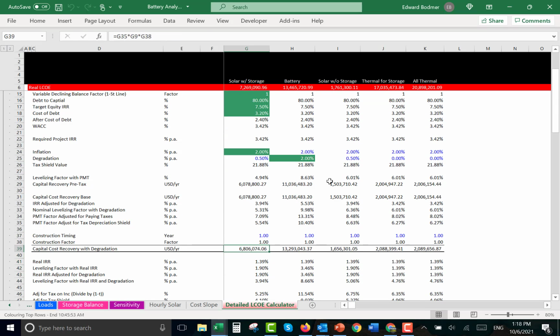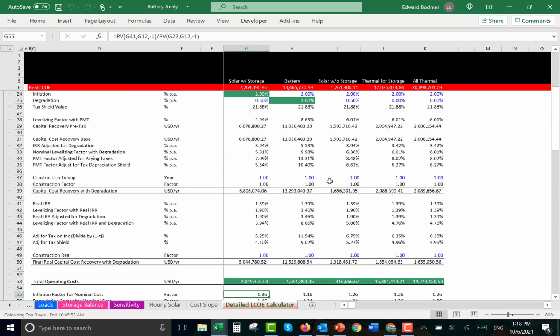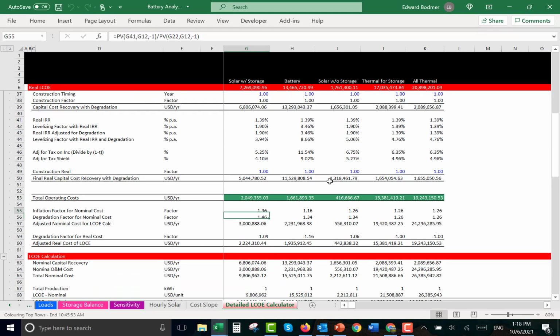And what you do is eventually you get the capital recovery in real terms after the inflation. And it's absolutely essential, as I've discussed elsewhere, to get the inflation out. And this is going to go back to the other sheet. We're going to get the operating costs in, adjust the operating costs for degradation, and get an adjusted real operating cost, and that's going to go back to the other sheet.